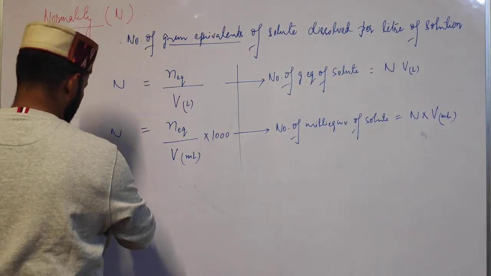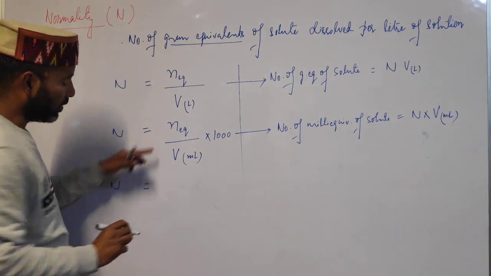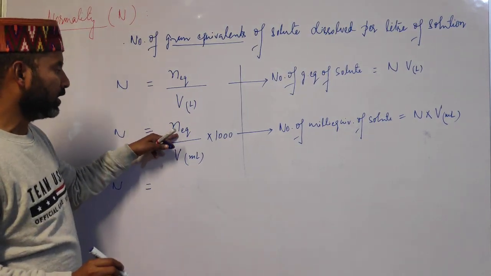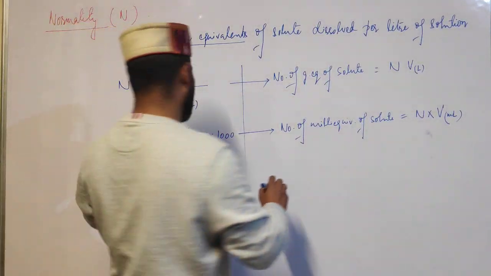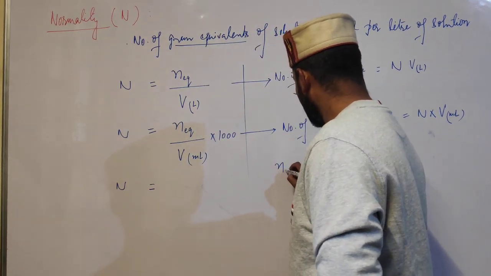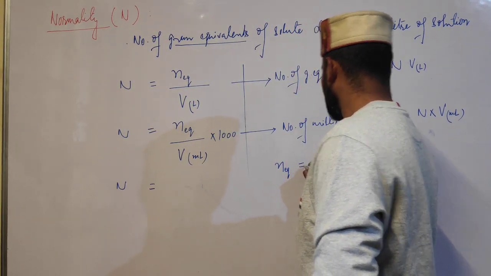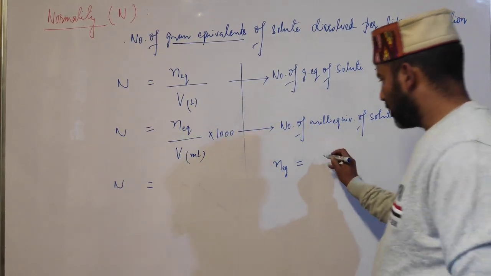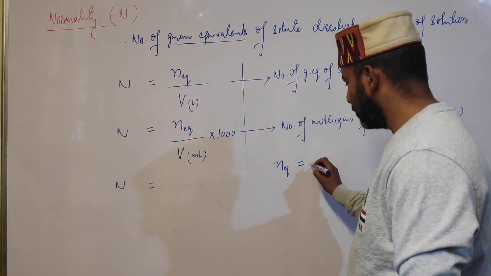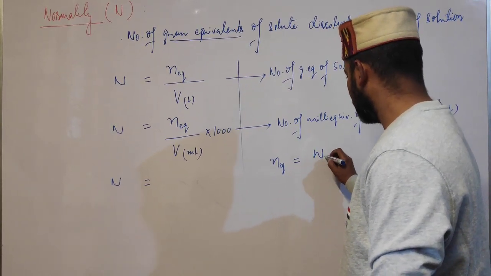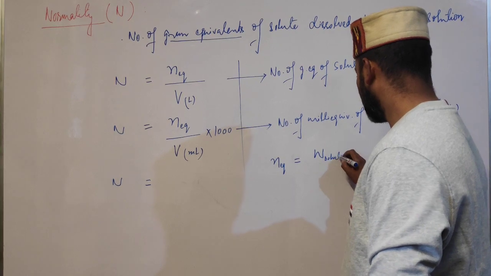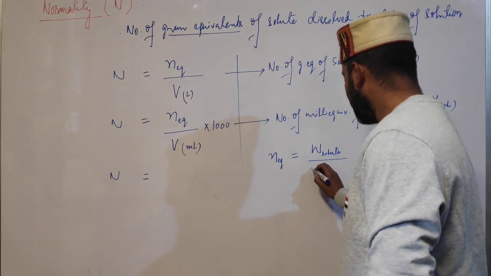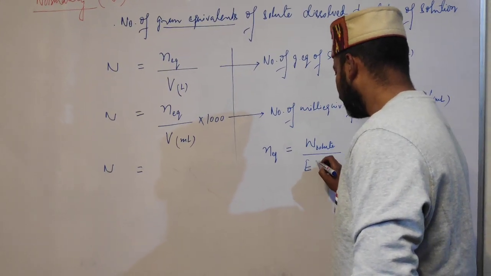Now, normality of a solution is based on gram equivalents, but how do we find gram equivalents of solute? Gram equivalents of solute are calculated using this formula: weight of the solute, say W, divided by the equivalent weight of the solute.